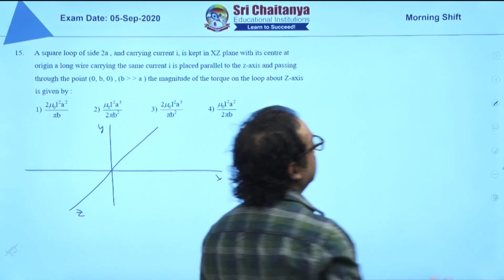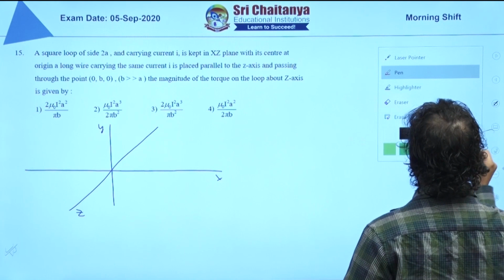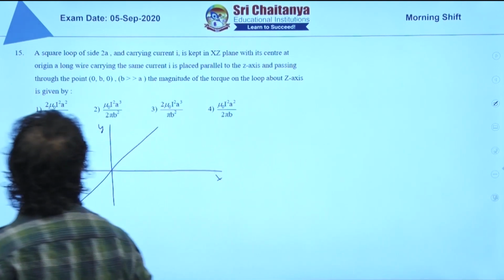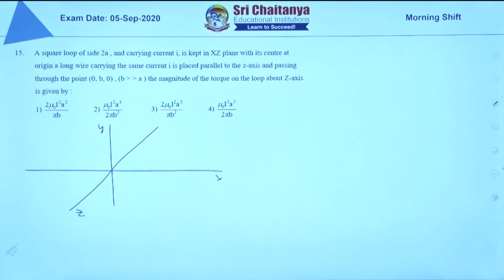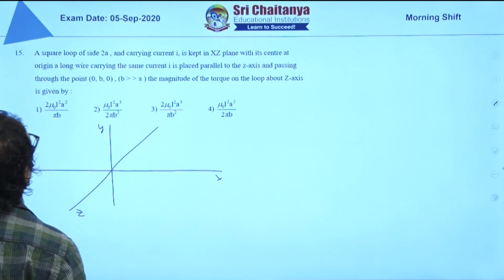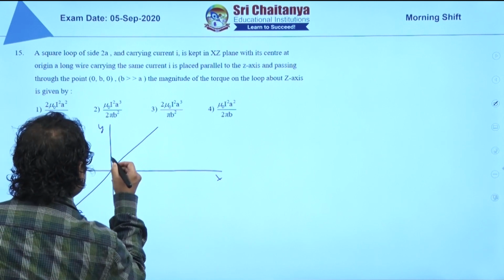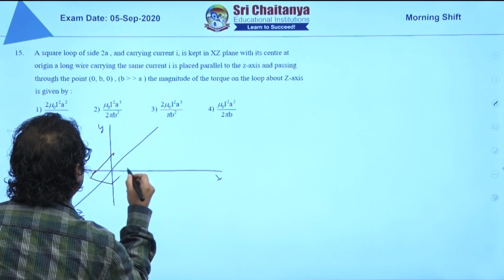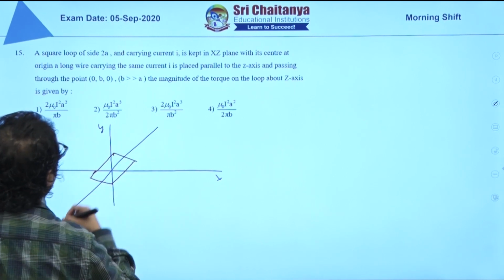So, now, let us say a square loop of side 2A carrying current I is placed in the XZ plane. So, the length of the side is given as twice A. So, it's like this, right?